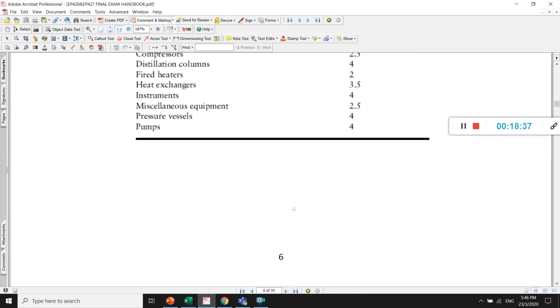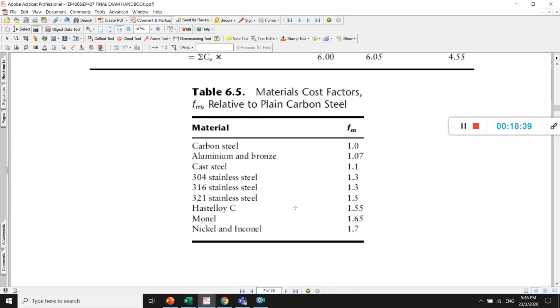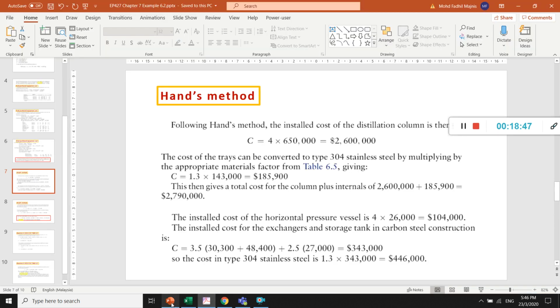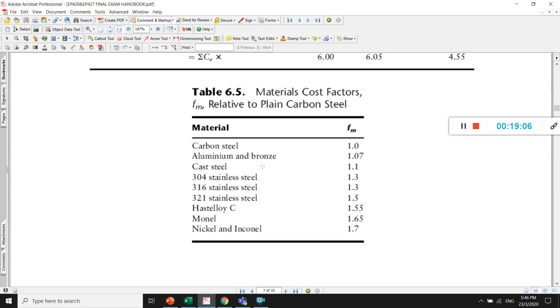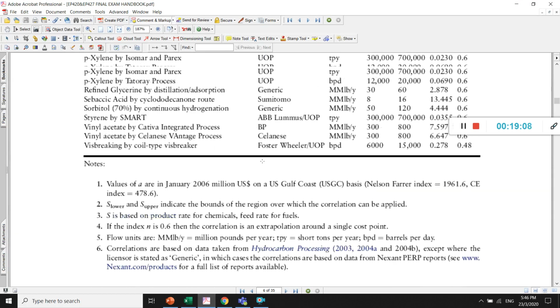We look at table 6.5. Carbon steel is 1, 304 stainless steel is 1.3. So it's correct, right? 1.3 times 143 here, the cost for the 3. And here we don't multiply by the material factors, because if we look again at the table, it is already considered as stainless steel.